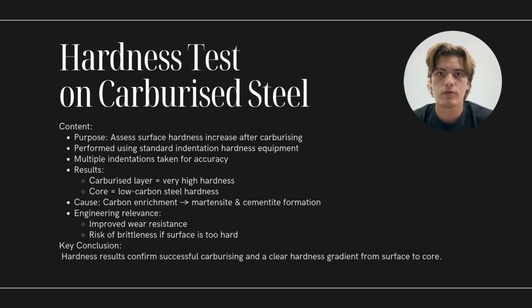This is due to carbon enrichment, which forms hard microstructures such as martensite and cementite at the surface. These results clearly show that carburizing improves wear resistance, but also makes the surface less ductile.